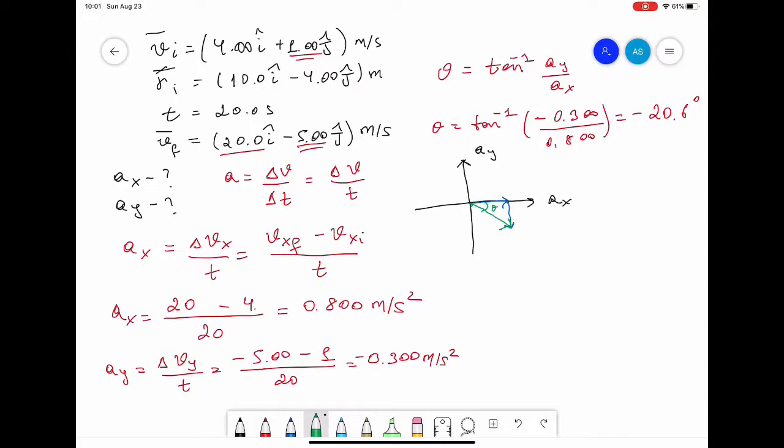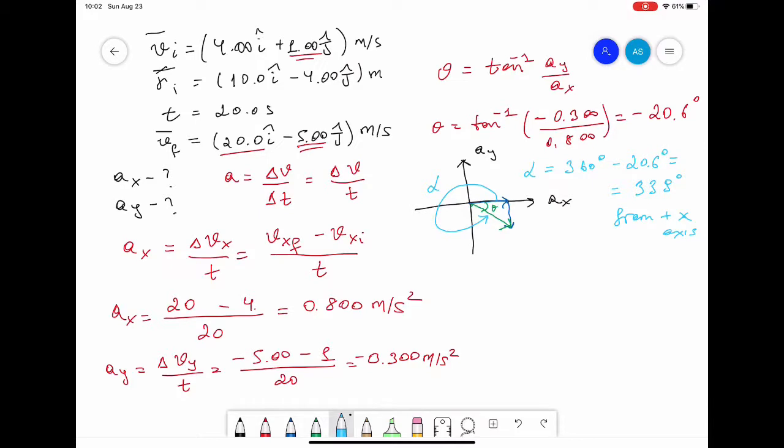However, we are looking for the angle starting from the positive x direction. If you call this one alpha, then alpha is 360 degrees minus 20.6 degrees, so if we round it to 21, you should get about 339 degrees from the positive x axis.